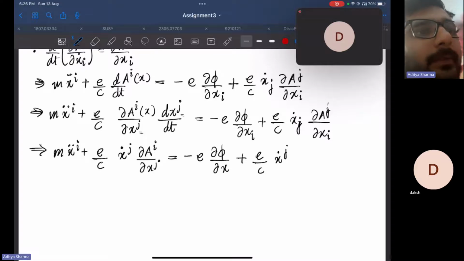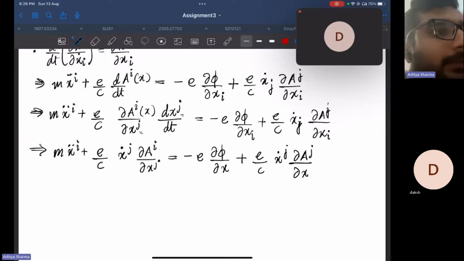I'll put this above. It's fine because we are not doing special relativity here, so it is all right.